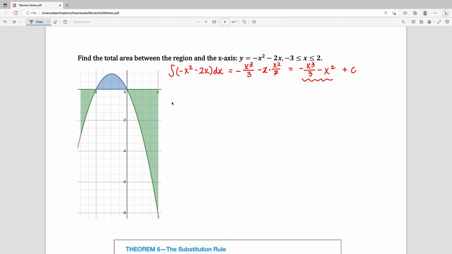So like I said before, we're looking at 3 separate intervals. We're going to integrate that function from -3 to -2, -2 to 0, and then 0 to 2. So starting with -3 to -2, when you integrate, we already know what the answer is because we just did that, negative x cubed over 3 minus x squared, and I need to evaluate that at -3 and -2.